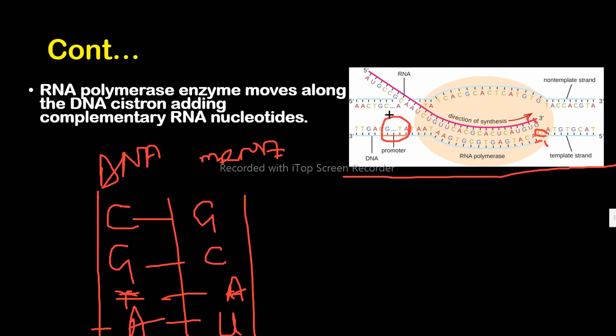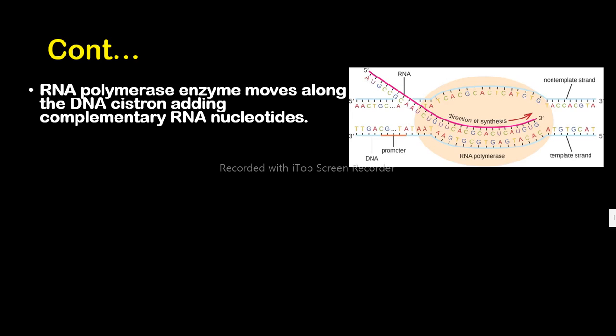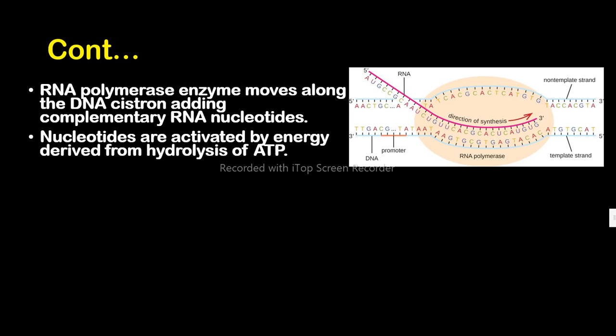So it is going to start from this promoter region and add nucleotides until you reach the end of the gene. And when you reach the end of the gene, you will terminate the process. The process of adding nucleotides is terminated, and you form one single strand of mRNA.